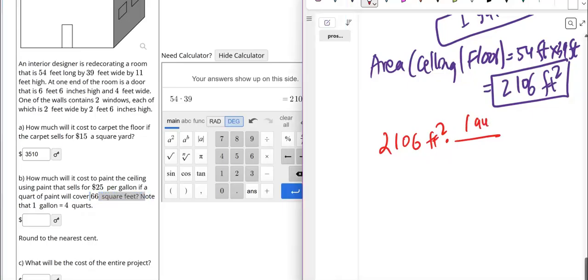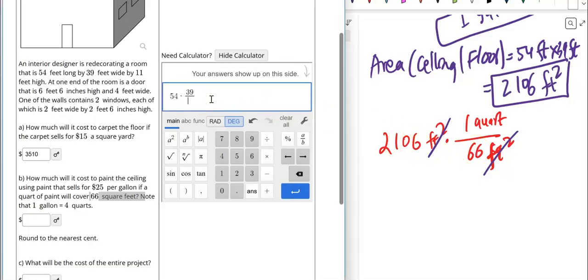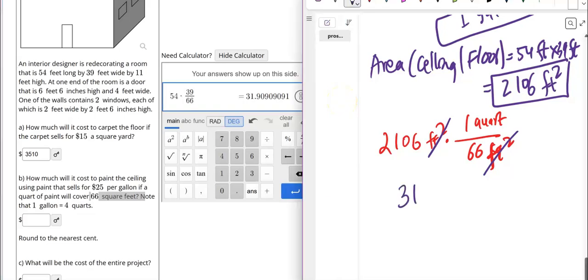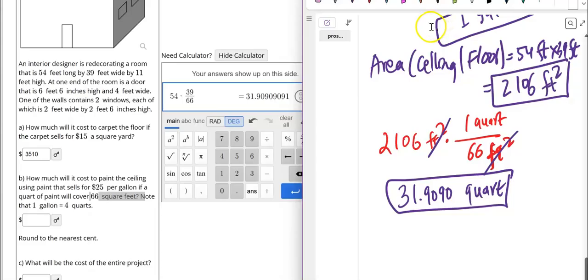So the square feet cancel, and you get the answer in quarts. Basically, divide 2106 by 66. That is going to be 31.9090 quarts. That much paint we need to paint the ceiling.